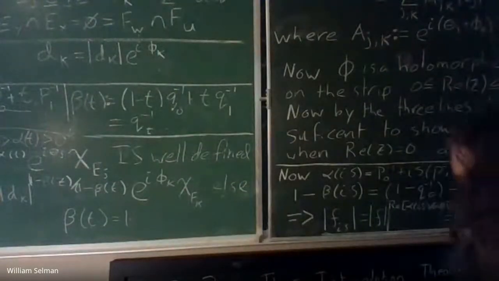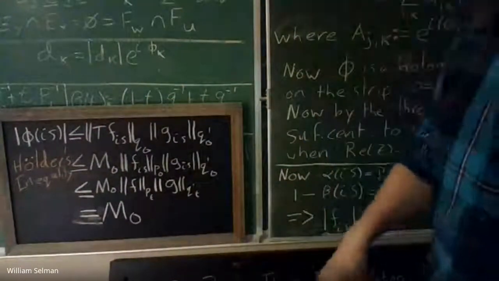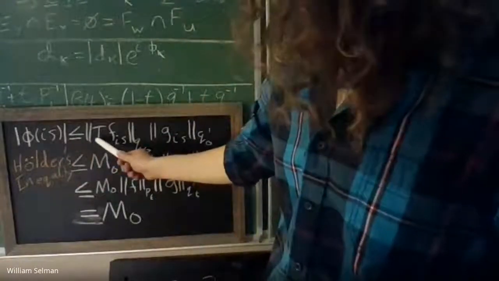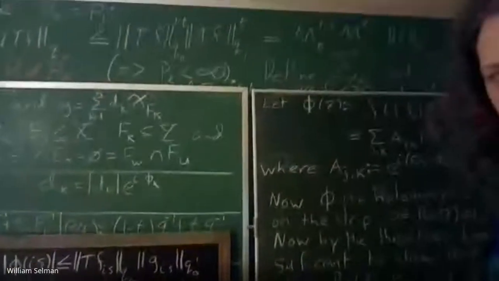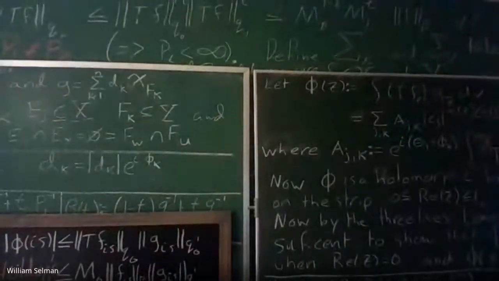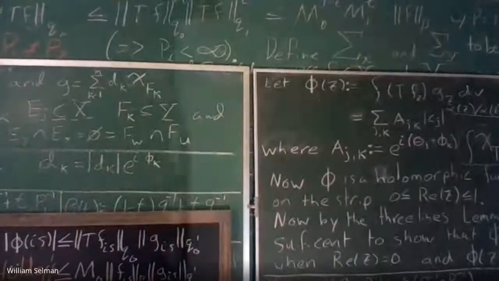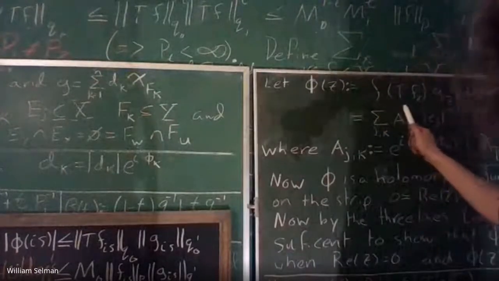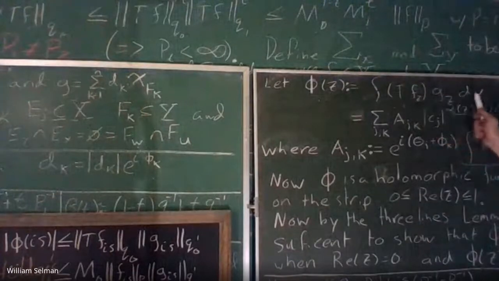So from there, we can now write this as phi of s is less than. Phi of s was defined as this integral here, but this is just the L1 norm.